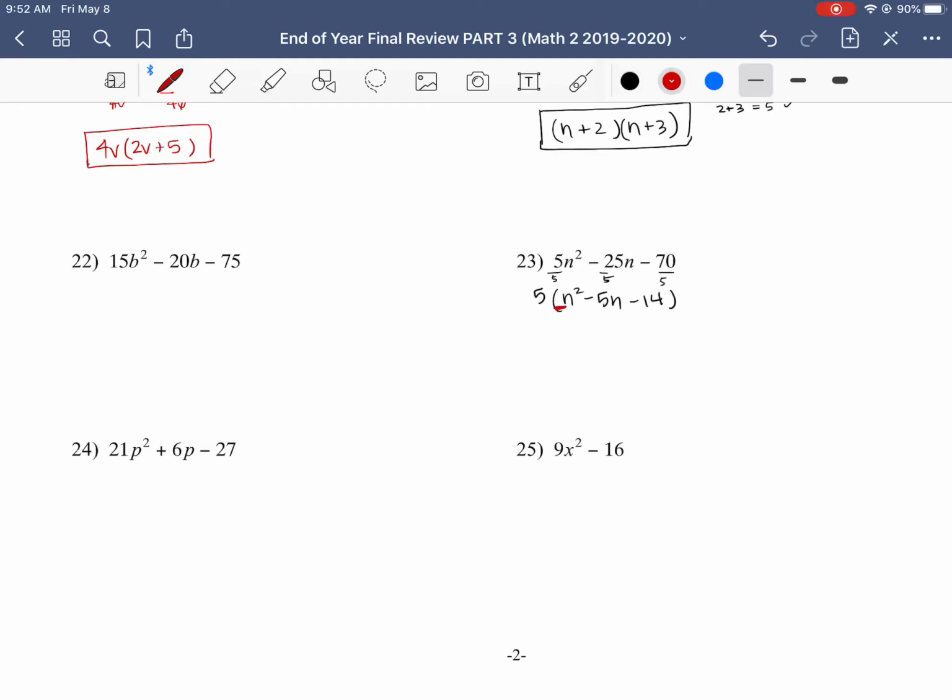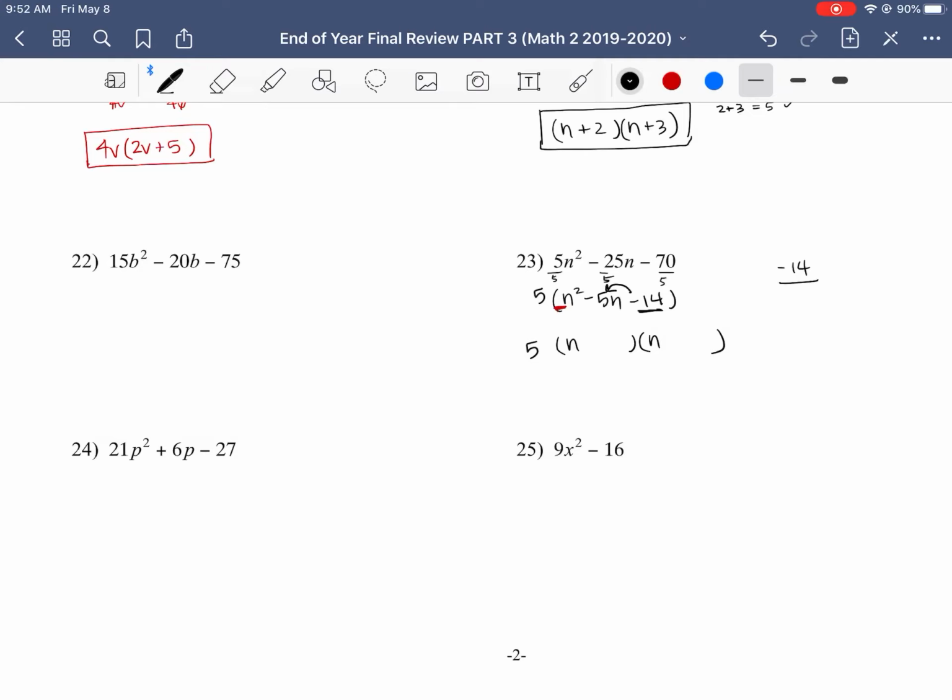Now notice when you divided that 5 out, there's no more number in front of that n squared. So we like these ones because the 5 is still going to come along, but now we can just factor this trinomial right here, very similar to how we did the trinomials up here. So once there's not a number there, right, we're just factoring it. We know that this will be n and n.